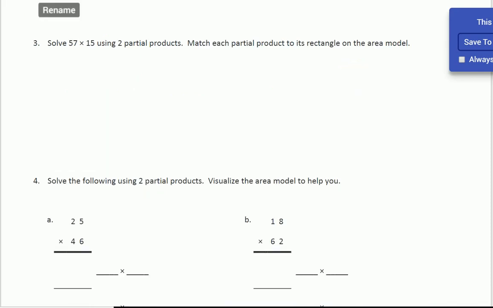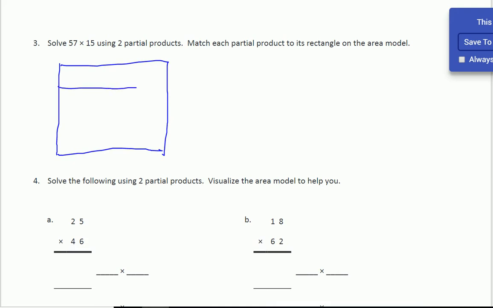The problem says to solve 57 times 15 using 2 partial products. So we're going to have to draw our area model. And when we draw our area model this time, we're going to have only 2 parts.